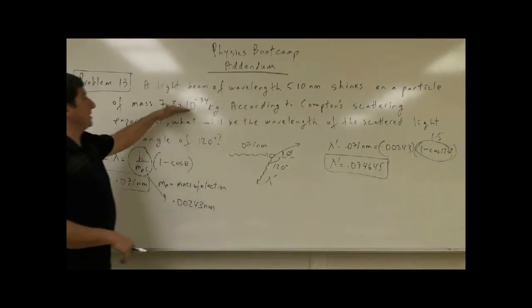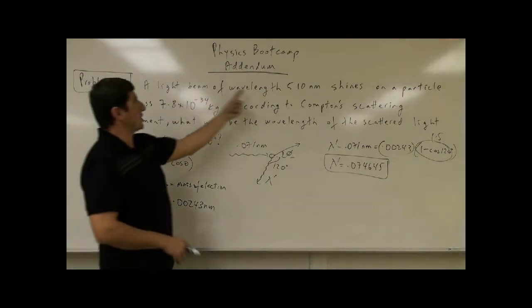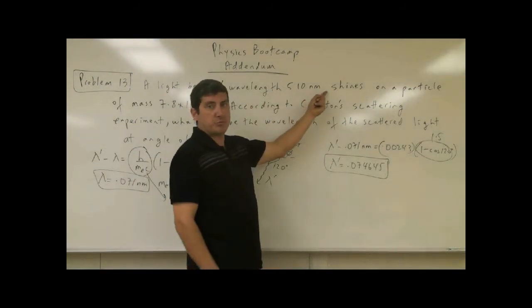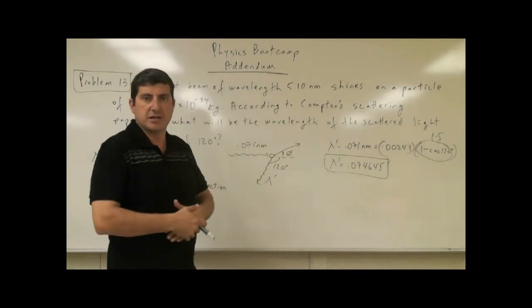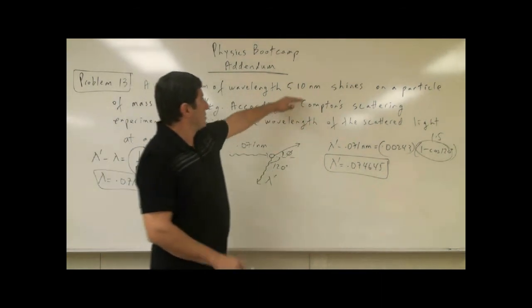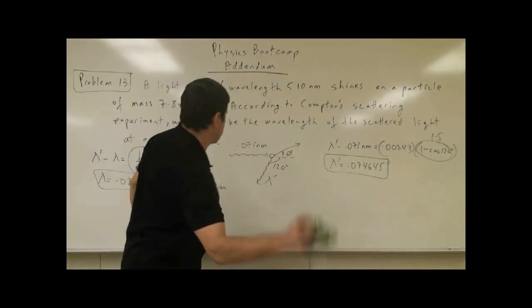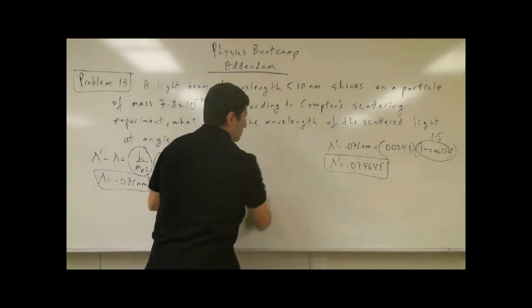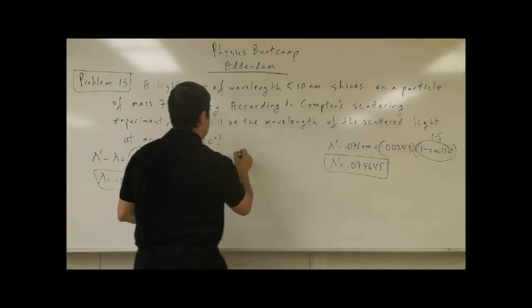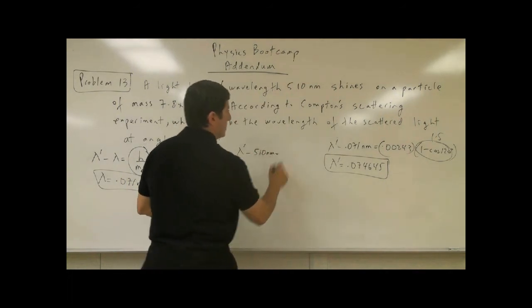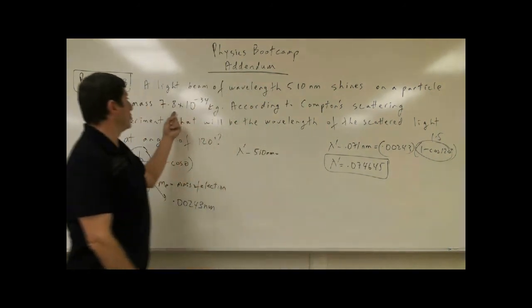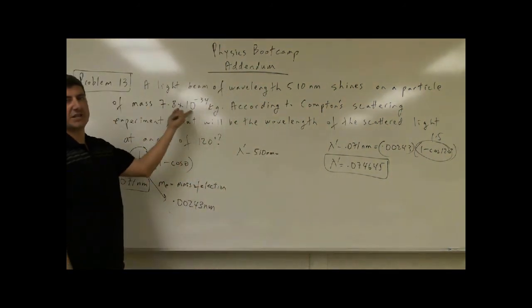Now, what would it be if we use our numbers? We're shining a beam of light of 510 nanometers, so it's not an X-ray. It is actually visible light, towards the blue range. So let's try that here. It will be lambda prime minus 510 nanometers. Now, since we're not using the mass of the electron, we're using some other mass.